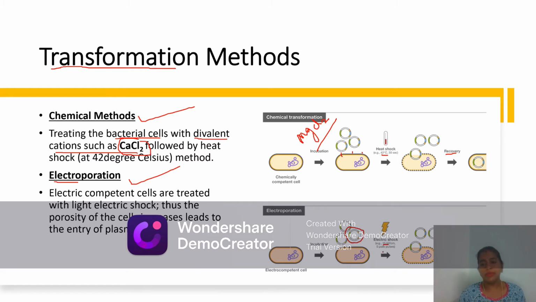Fine. For 5 microseconds, that's the pulse. If you apply this light electric shock, what will happen? The same process as before, the porosity of the bacterial cells will increase. Once the porosity increases, the plasmids or the vector will go inside. After that you keep it for chilling. Then the recovery happens. This is the method of electroporation.